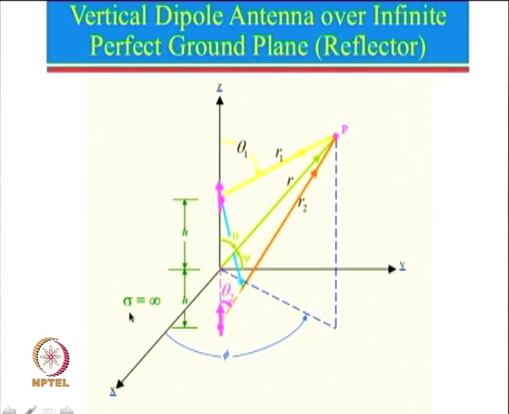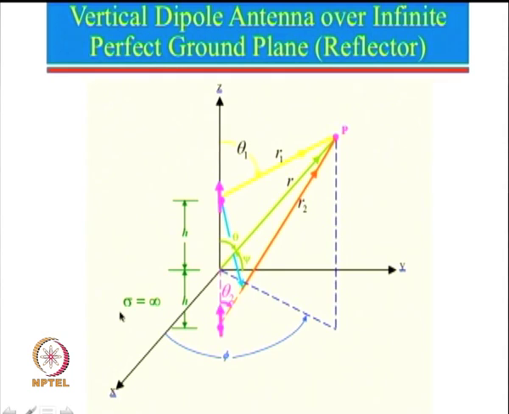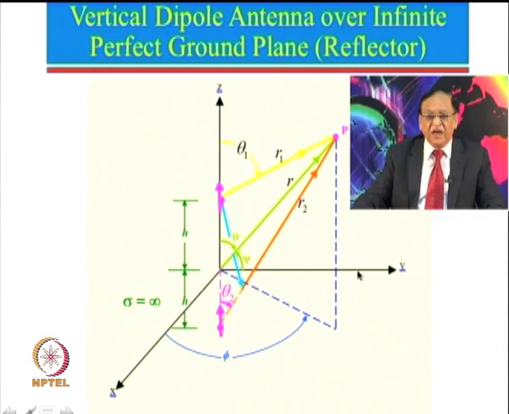Okay, just to tell you, for copper and aluminum, the sigma value is of the order of, let us say, 5 into 10 to the power 7, but for infinite it will be a perfect ground plane. But you can see that 5 into 10 to the power 7 is also a very large number. So, whether you put aluminum or copper or any metallic sheet, that will work as a good reflector.